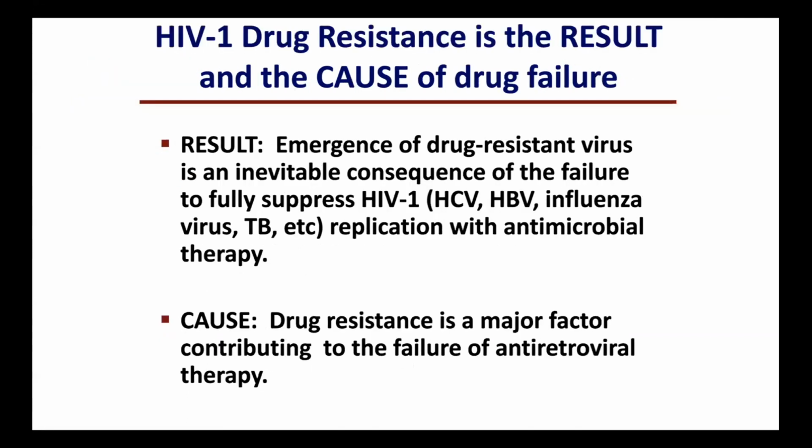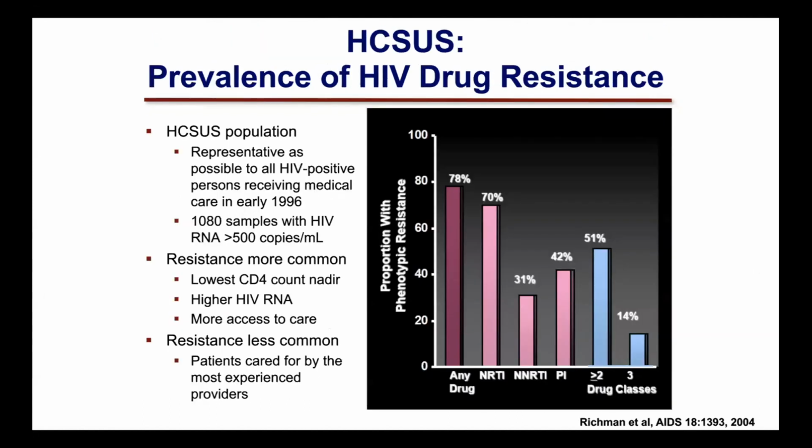So knowing that drug resistance occurs, we have learned that it is the result of drug failure. The emergence of drug-resistant virus is an inevitable consequence of the failure to fully suppress HIV or multiple other microbes with antimicrobial therapy. And it's the cause of failure because once you have it, it's a major factor contributing to treatment failure.